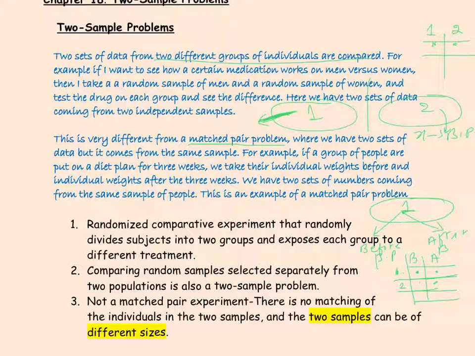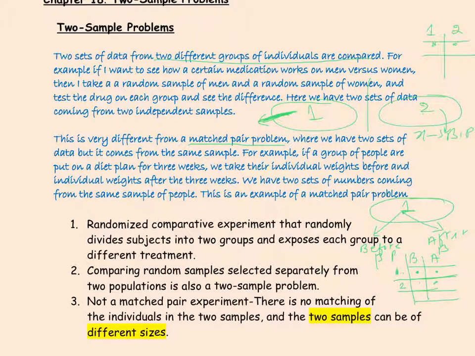So that's the big difference that we need to notice when we're reading a problem. Is it a matched pair problem, which means it is coming from a single sample, or is it a two-sample problem or a two independent sample problem, in which case it is coming from two separate samples, two separate sets of individuals.